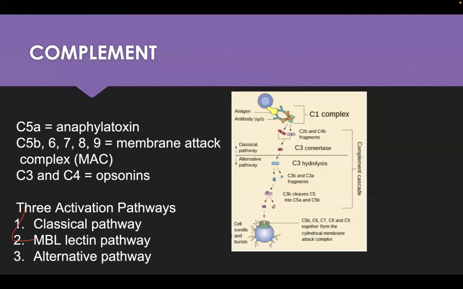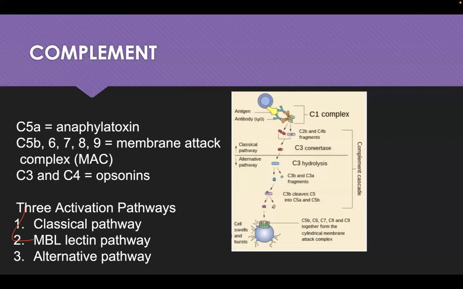And then C5b, C6, C7, C8, and C9 form this thing called the membrane attack complex, or MAC. What this does is punch holes into bacterial membranes and allow lysis to happen. Then we also have C3 and C4, which are more opsonins, and what they do is again coat the pathogen and enhance phagocytosis.